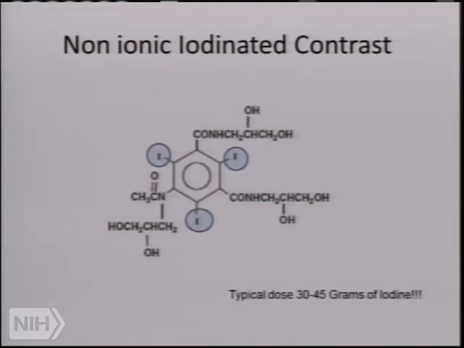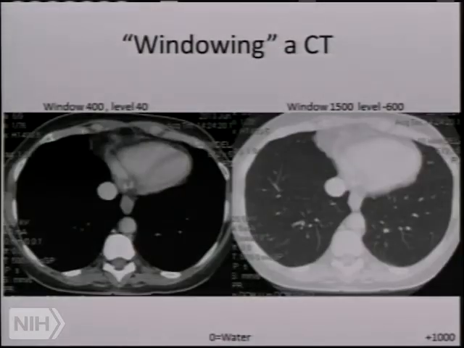But it takes quite a bit of iodine to block X-rays. So the typical dose, and this is a routine dose of contrast that we give, is between 30 and 45 grams of iodine for a contrast-enhanced scan. That's routine. So it tells you something about CT.